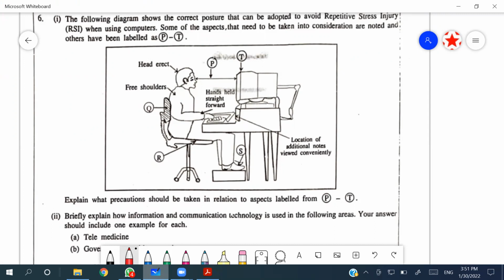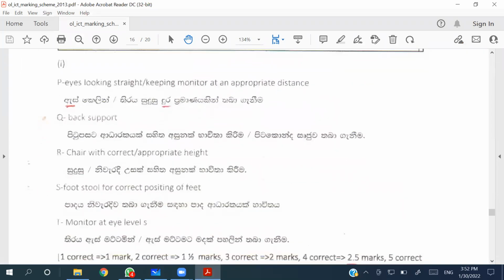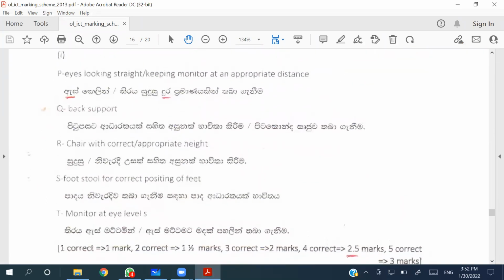And R, you should be seated properly, right? S, what they are saying is that your legs should be touching the ground properly. And T, it is identifying that the placement of the monitor should be lower than the eye level, right? So these are the instructions that they have given.